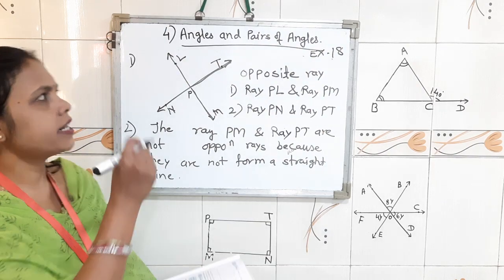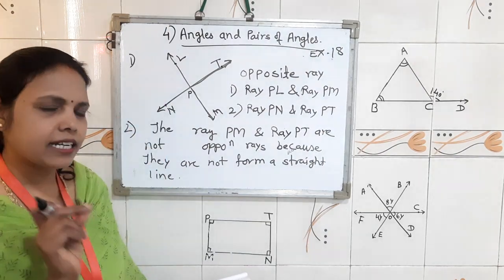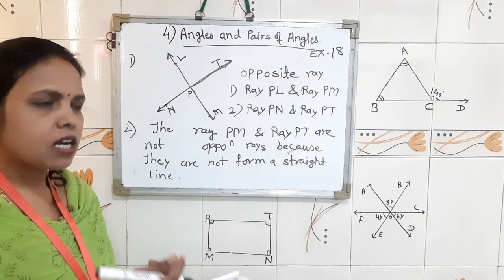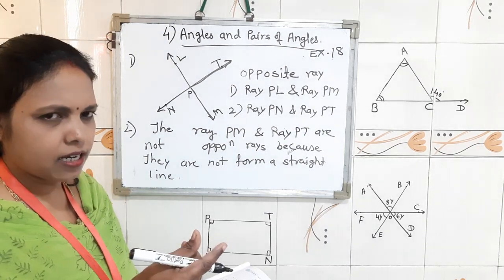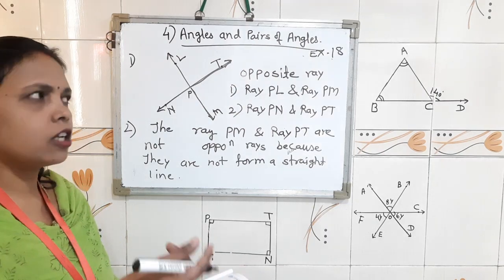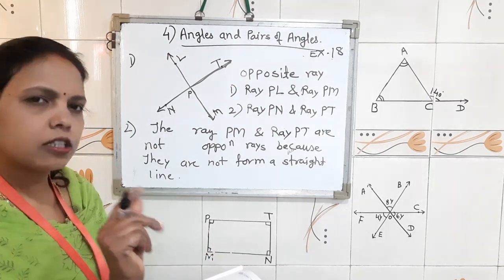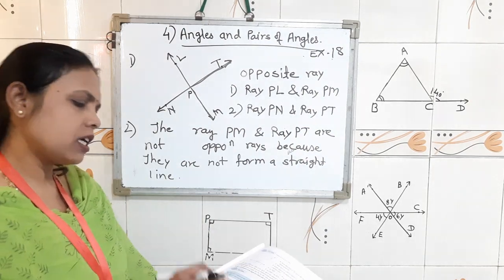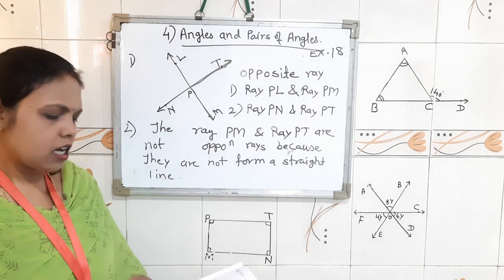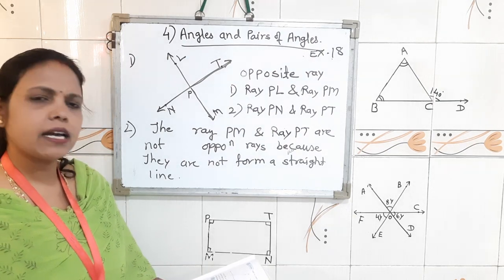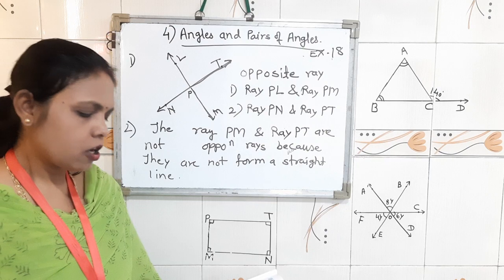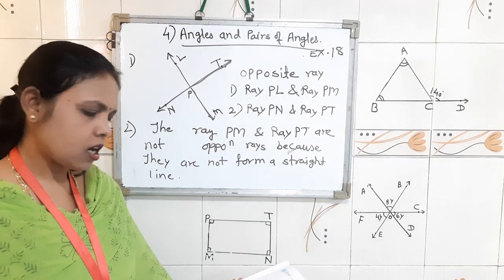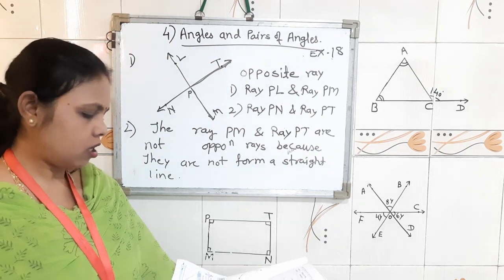When I started the fourth lesson, at that time I explained the definition of linear pair and supplementary angle and the relation between both, that is their measurement is 180 degree. Therefore, the same statement is given here and related to this statement practice set 19 is there. We are not solving this one. We are skipping this one. Only the statement you should learn.